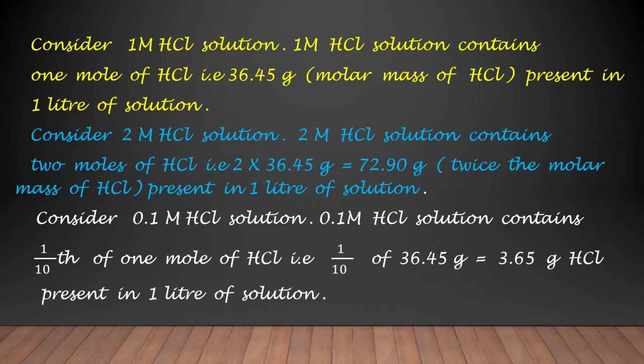A 0.1 M solution contains 0.1 mole of solute in 1 liter of solution. Here in each of these, the volume of the solution is 1 liter, but the number of moles are different. So whatever the number of moles of the solute present in 1 liter of solution, that is nothing but the molarity of the solution.